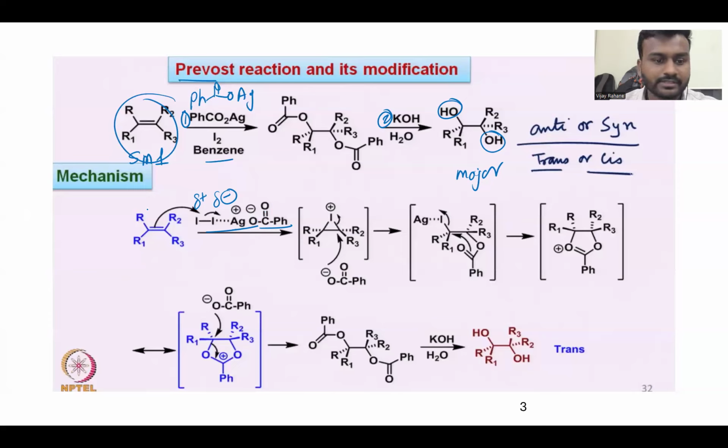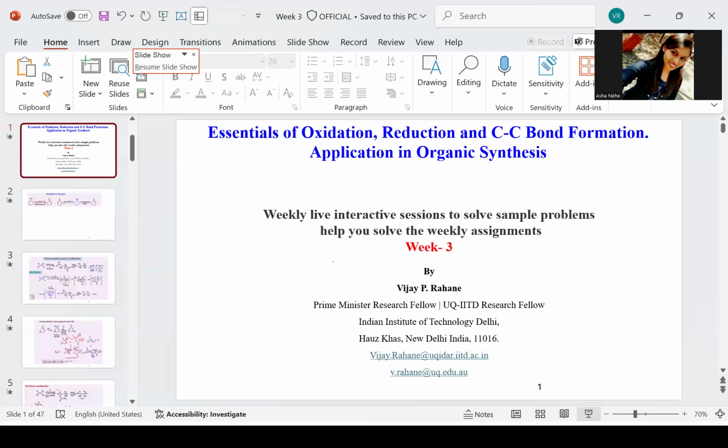Since this iodine is slightly electrophilic, this double bond reacts with the iodine and forms an iodinium complex, and this complex then gets attacked by the benzoate, which does the addition.